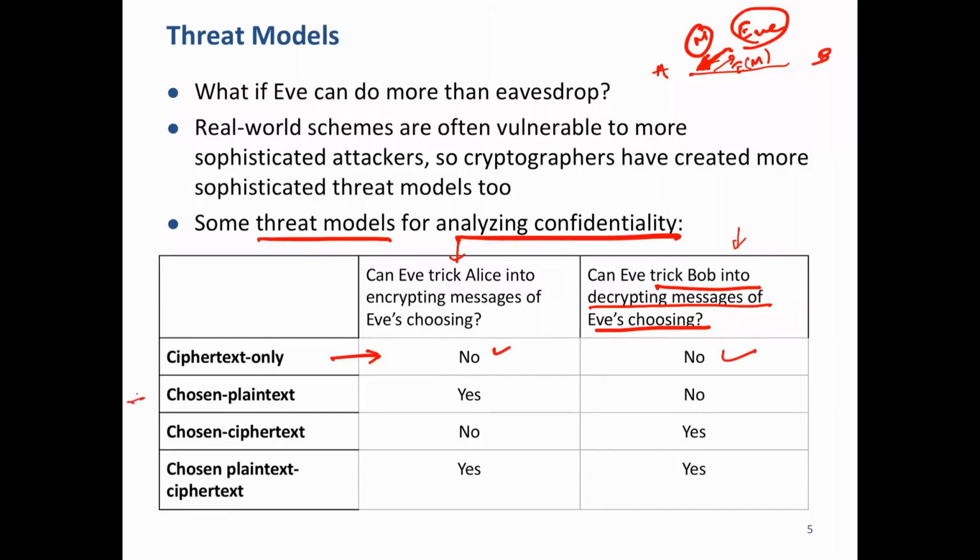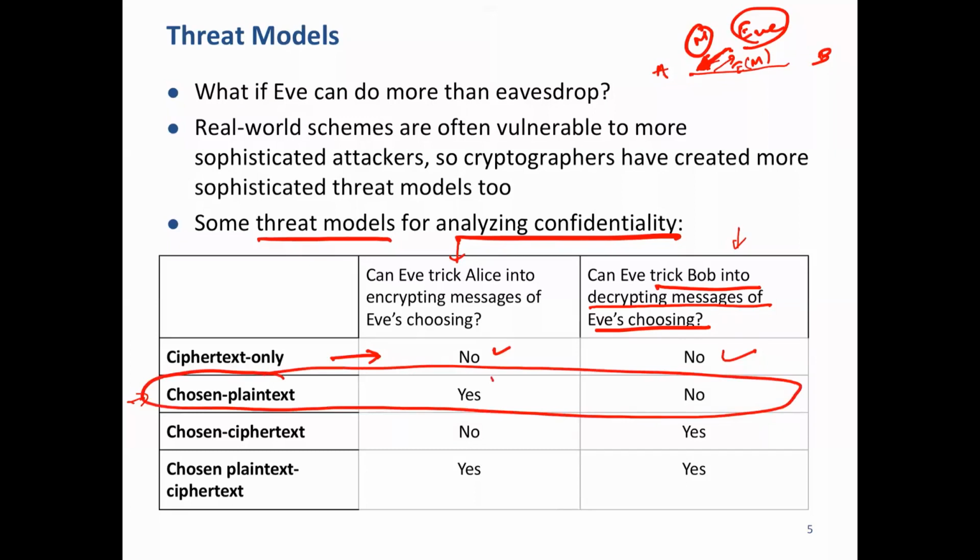The second one is chosen plaintext, where Eve can trick Alice into encrypting a message of her choosing. It means that Eve will create a message and send it to Alice, and Alice will encrypt that message. In this model, Eve cannot trick Bob into decrypting a message which Eve has created.